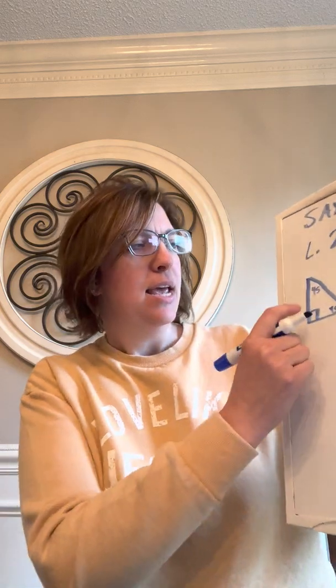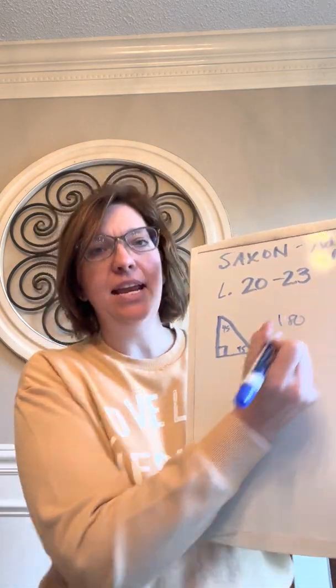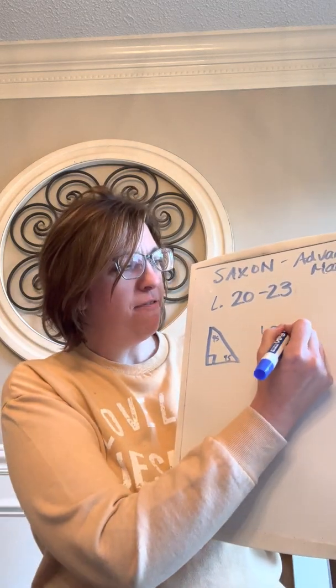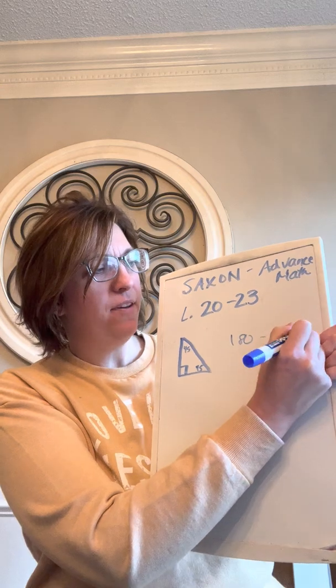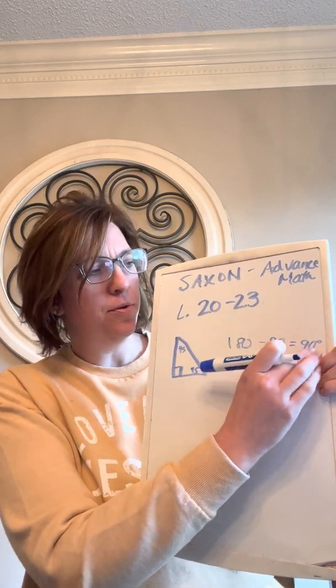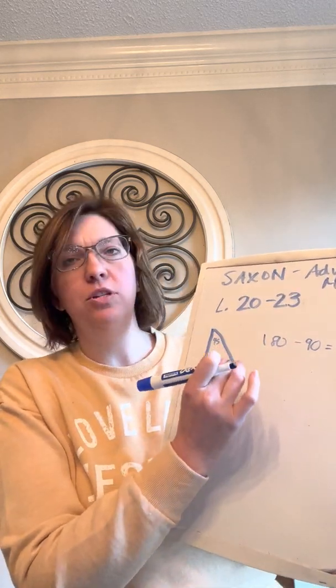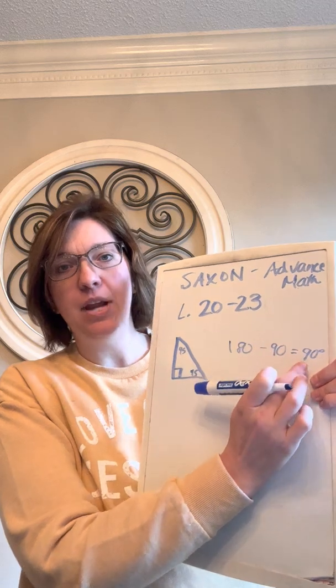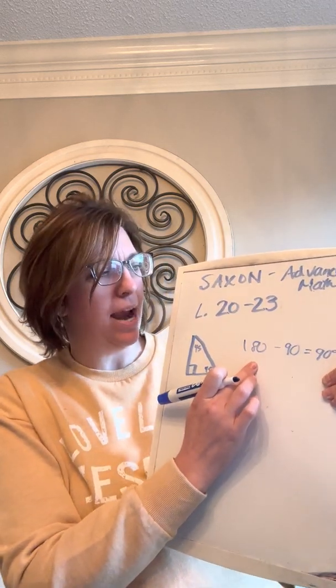Well, because every triangle is 180 degrees. So if I take away the right angle, all that would leave is 90 degrees left over, right? So if I have a right triangle, I know that the angles opposite the two legs have to together equal 90 as well, because then with the right angle, it will together make 180.